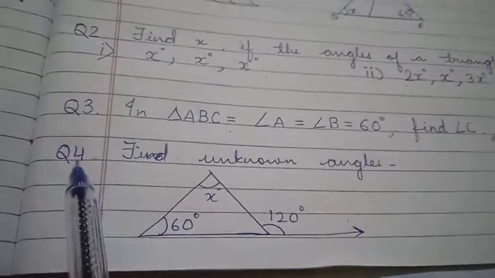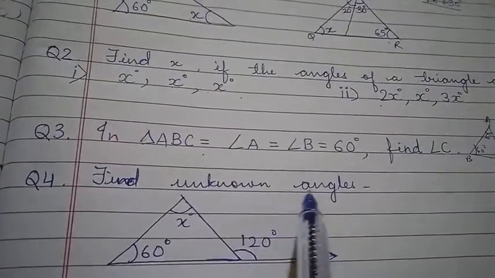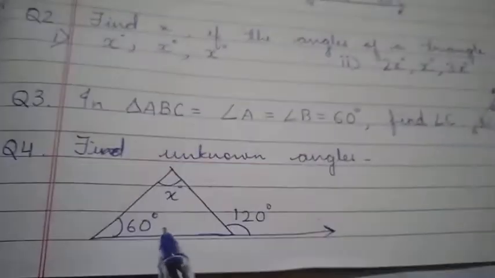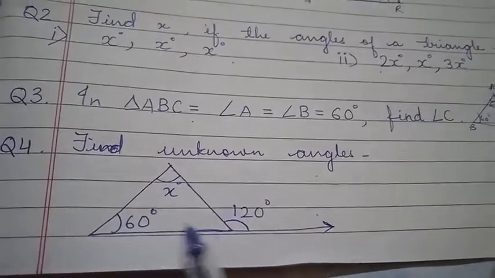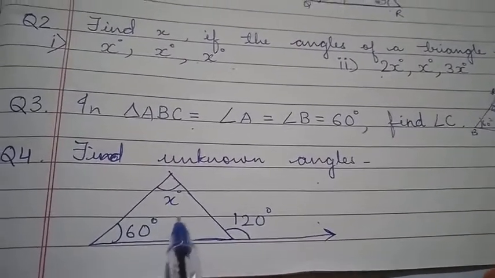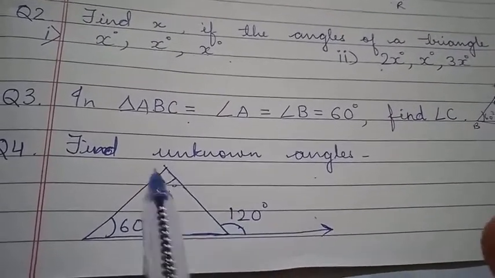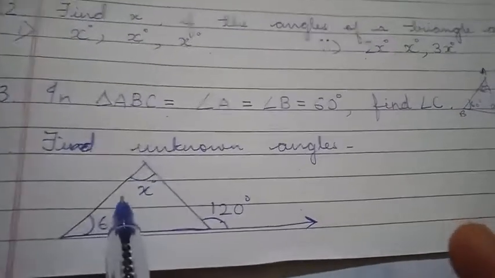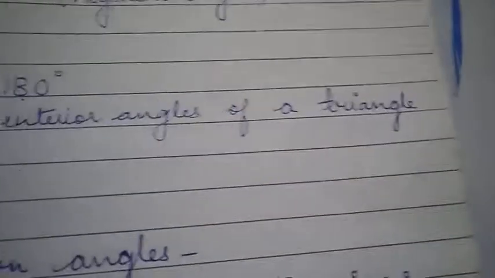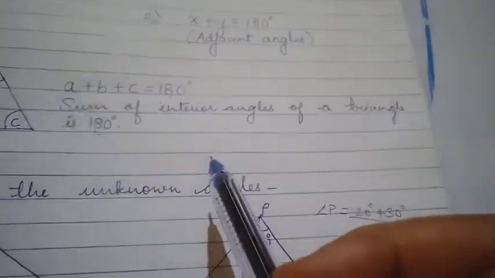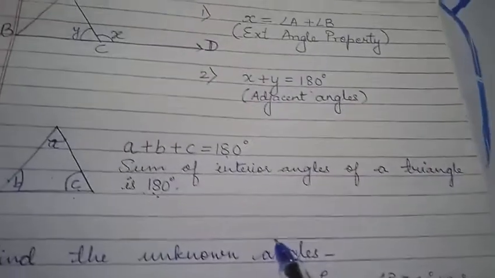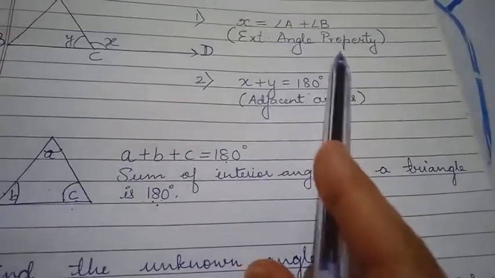Now question number 4. Find unknown angles. Now here you can see as your figure is showing that there is an exterior angle and opposite to the exterior angle, two interior angles are given. This shows that I have to use exterior angle property.